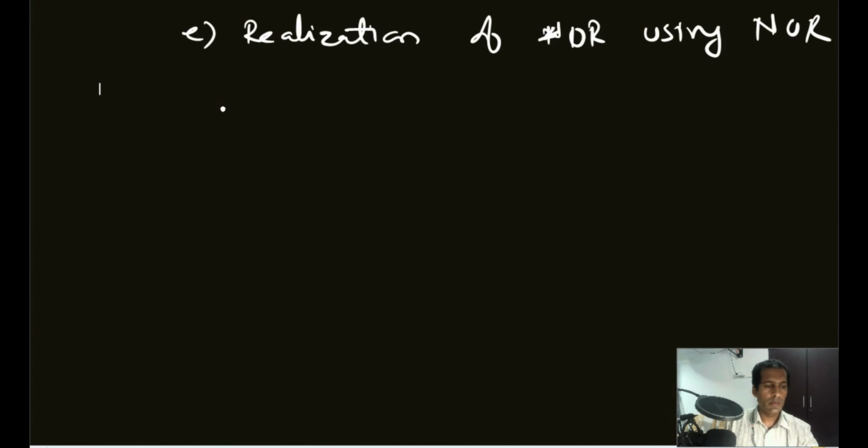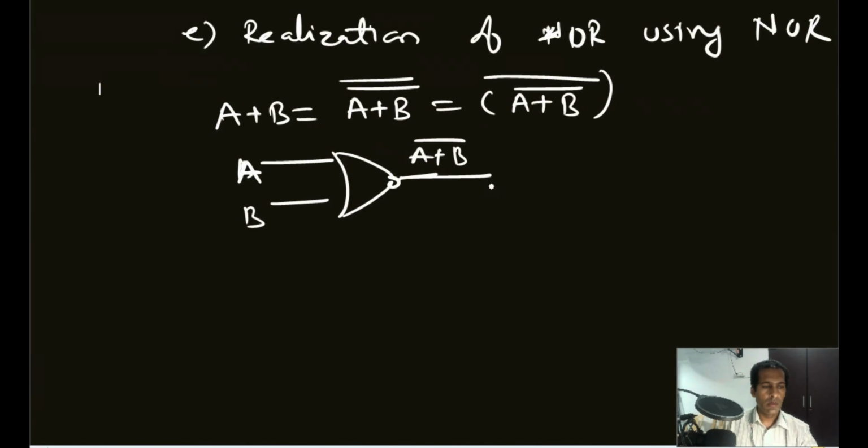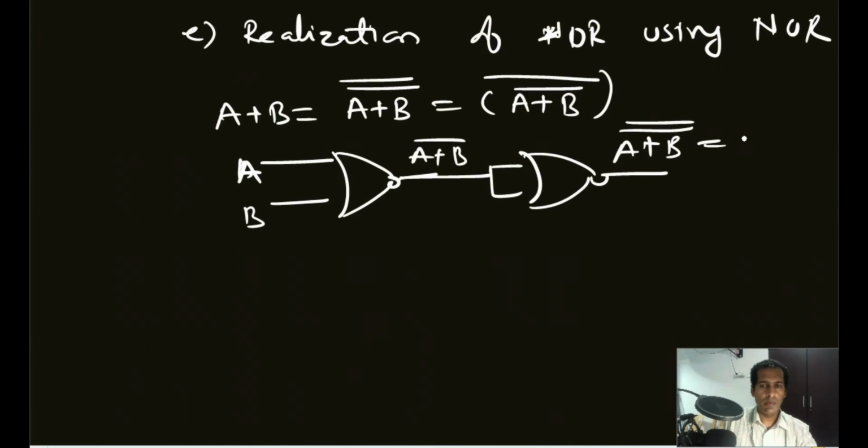So the OR logic is A plus B, it will be equal to A plus B double bar, that is equal to (A plus B bar) whole bar. This can be implemented as: we give A and B inputs to a single NOR gate, its output will become (A plus B) bar. So this one we give combinedly to the next NOR gate, so its output will become A plus B double bar, that is nothing but A plus B.